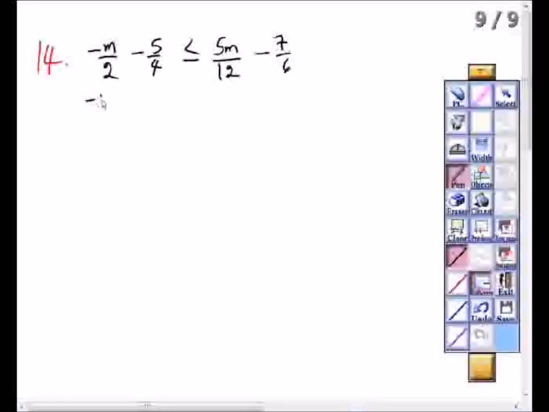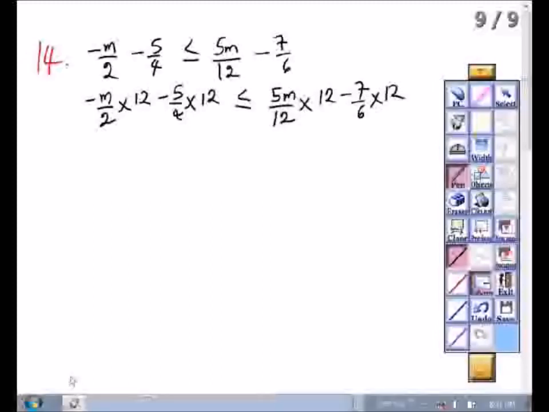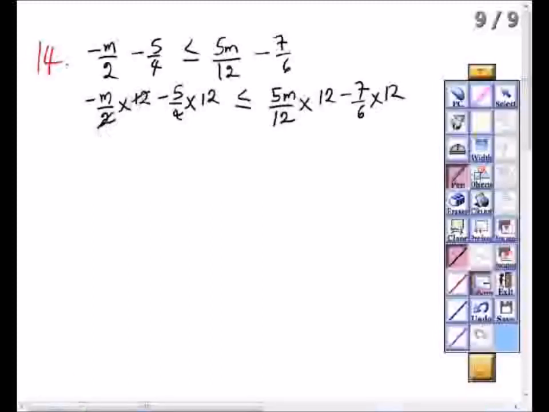So we have minus m over 2 times 12 minus 5 over 4 times 12 is less than or equal to 5m over 12 times 12 minus 7 over 6 times 12. So we have 2 here, 1, 2 here, 6. 4 here 1, 4 here 3, 12 here 1, 12 here 1, 6 here 1, 6 here 2.